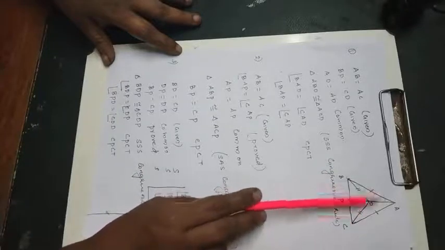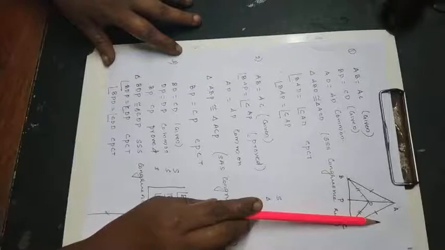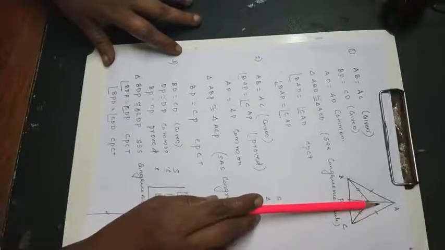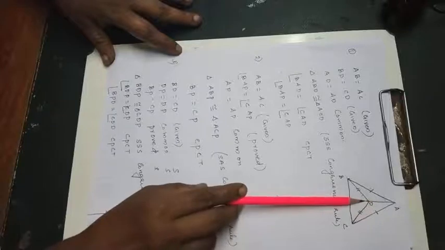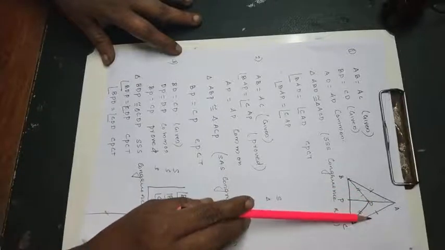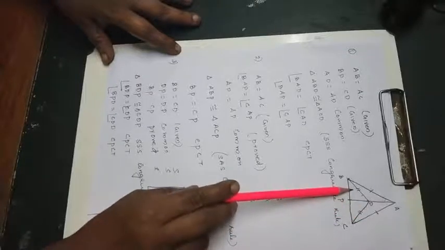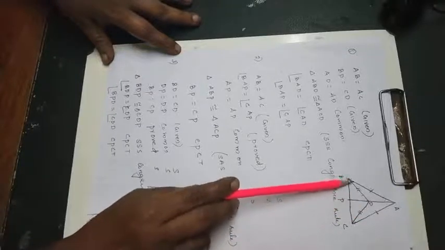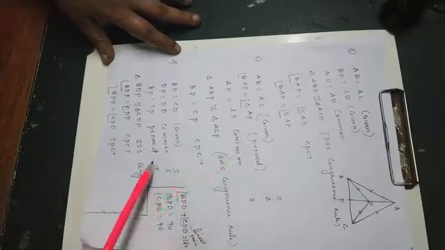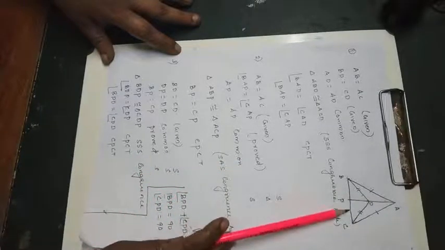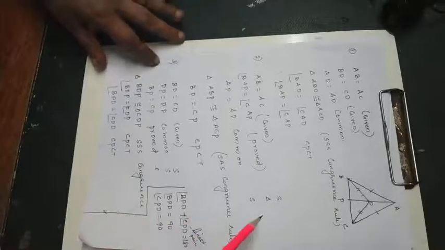In that, AB equal to AC, angle BAP equal to angle CAP, then AP equal to AP, by SAS those two triangles are also congruent. Third part, the smaller ones we took, BDP and CDP. There also we have proved by SSS that these two triangles are congruent. So all the four parts we have solved.